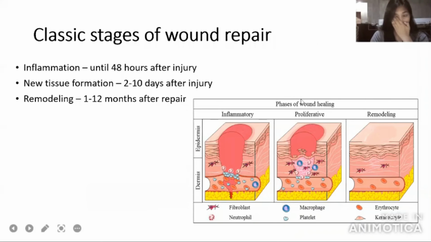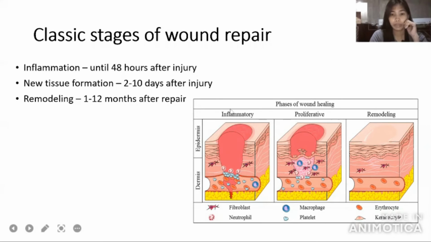So the classical stages of wound repair. Inflammation, until 48 hours of injury, then tissue formation, which is 2 to 10 days after an injury, while remodeling is 1 to 12 months after repair.